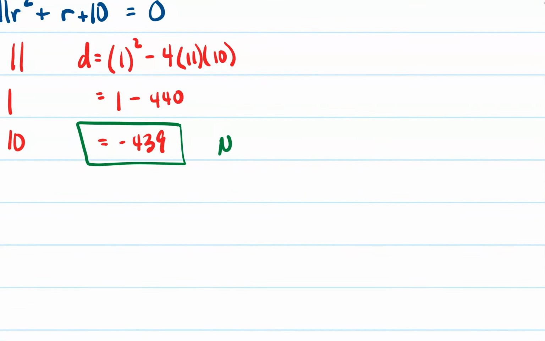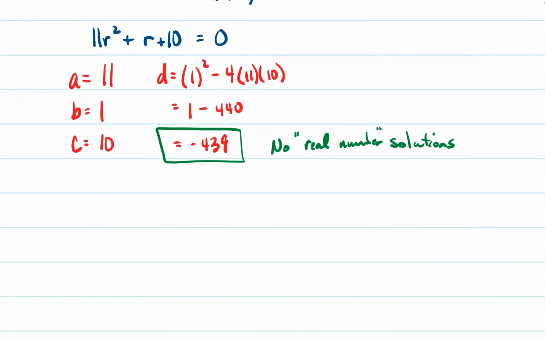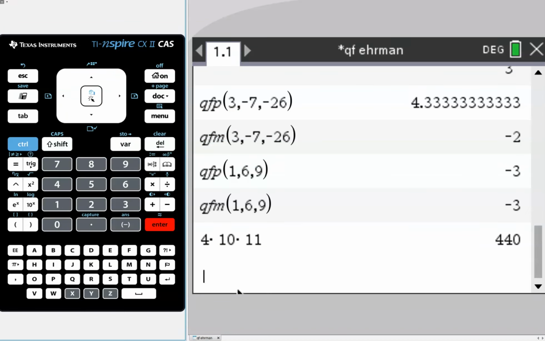So what's to be expected when we encounter a negative discriminant? I suspect that there's going to be no real number solutions. And let's see what the QFP and QFM produces. So QFP, quadratic formula plus. What did we say?